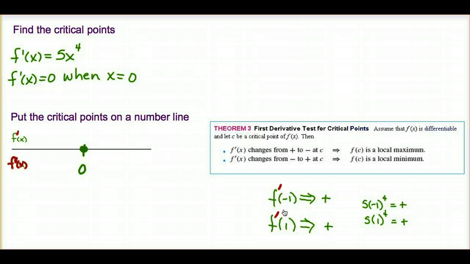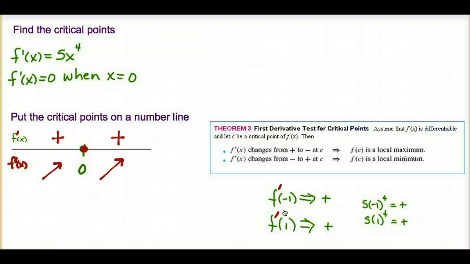So my derivative is positive on both intervals, and that means that my function is increasing the whole time. So this function always increases. There is no local max or local min. Just because we had a critical point doesn't mean we will have a local max or local min. The critical points are just possible local mins and local maxes.